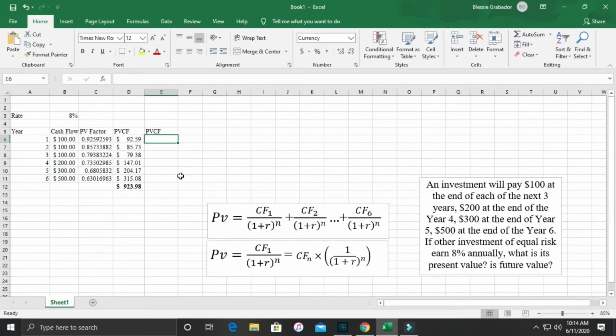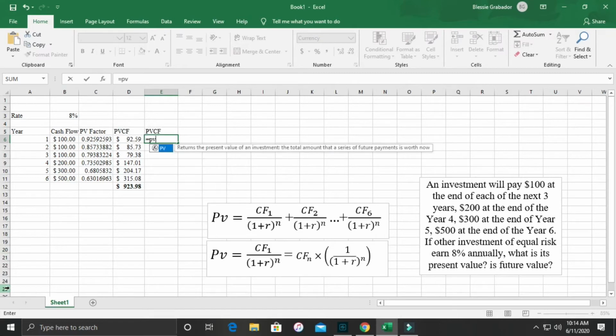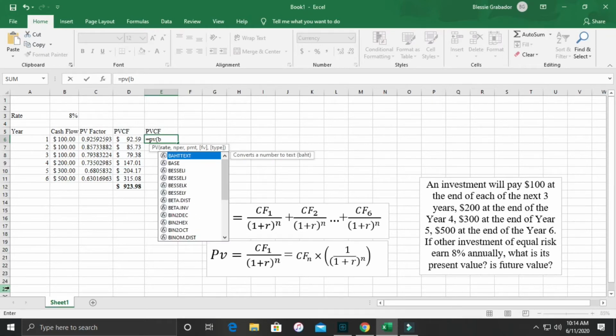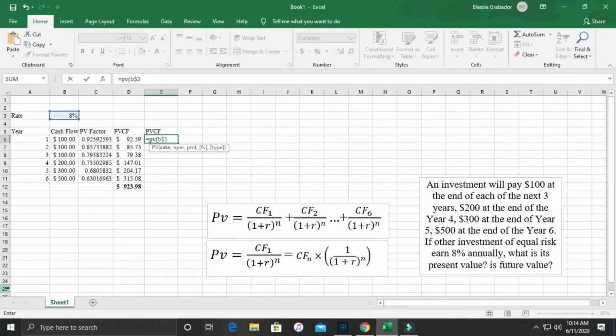So for the easiest way of getting the present value of the cash flow, this is a shortcut. We just have to put an equal sign, then PV as the sign of present value, then click the rate, B3. I put a dollar sign, so when I drag down, all of them get 8% as the rate.